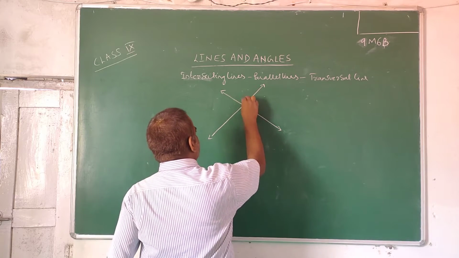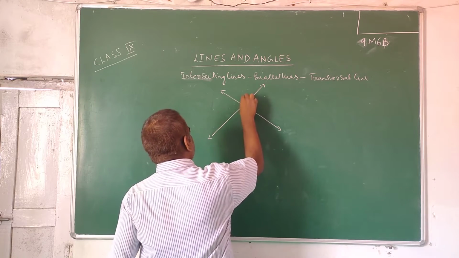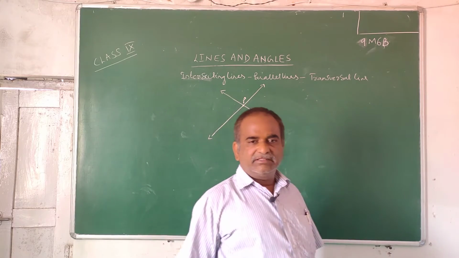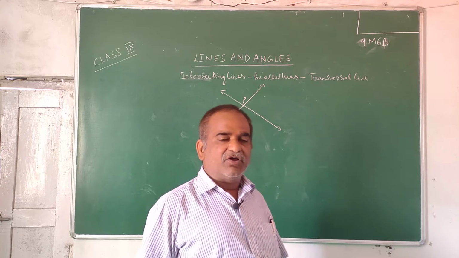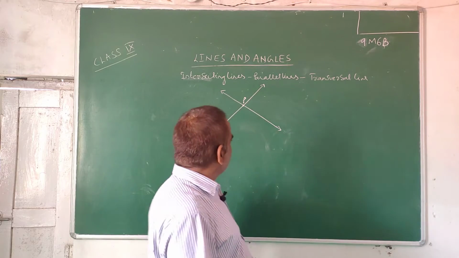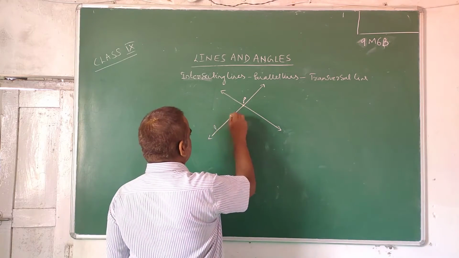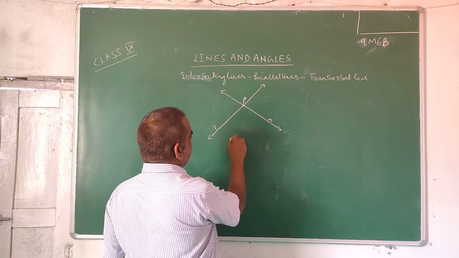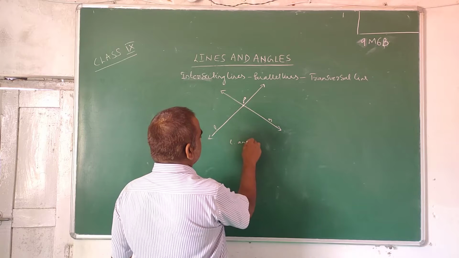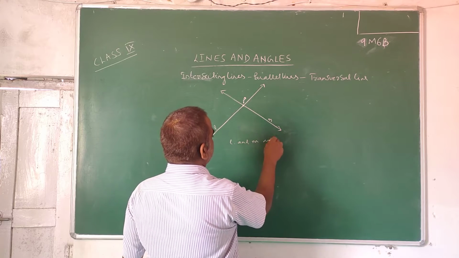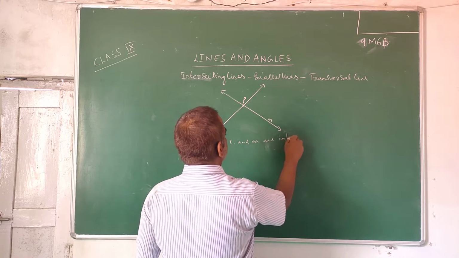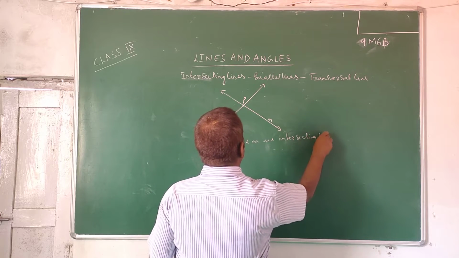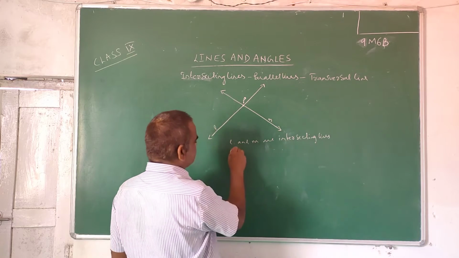And the point at which the lines meet, here it is P, is called the point of intersection. So here this is a line L and this is a line M. Here L and M are intersecting lines with the point of intersection P.